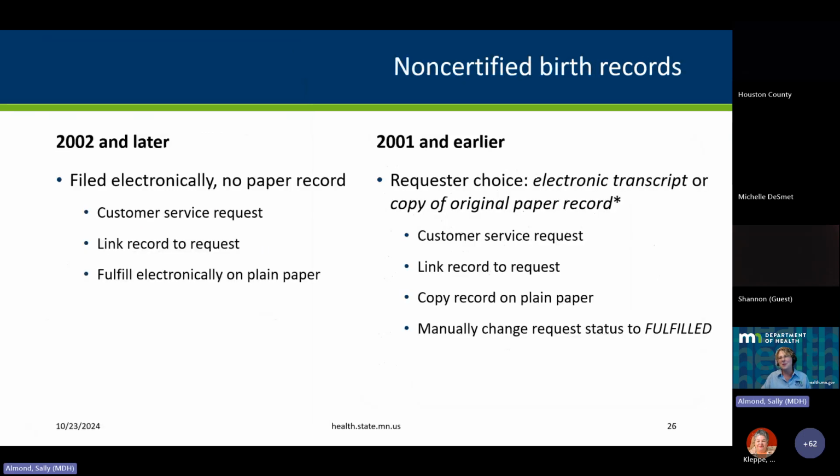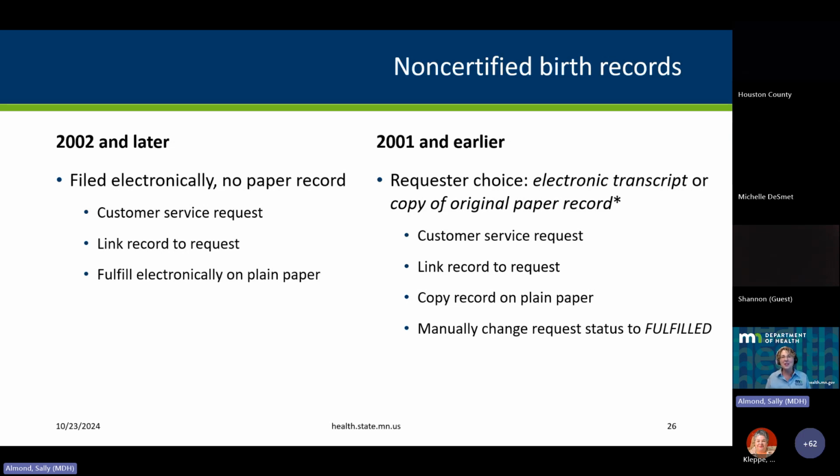And that photocopy is somehow more romantic. Customers like them, but just remember, don't offer it for a current record, anything from 2002 or later, because those were never filed on paper. There aren't any paper records there.